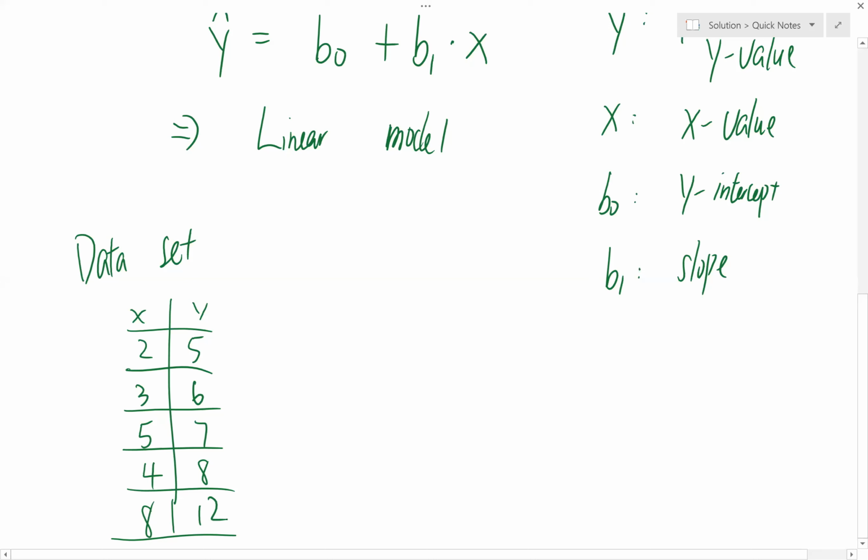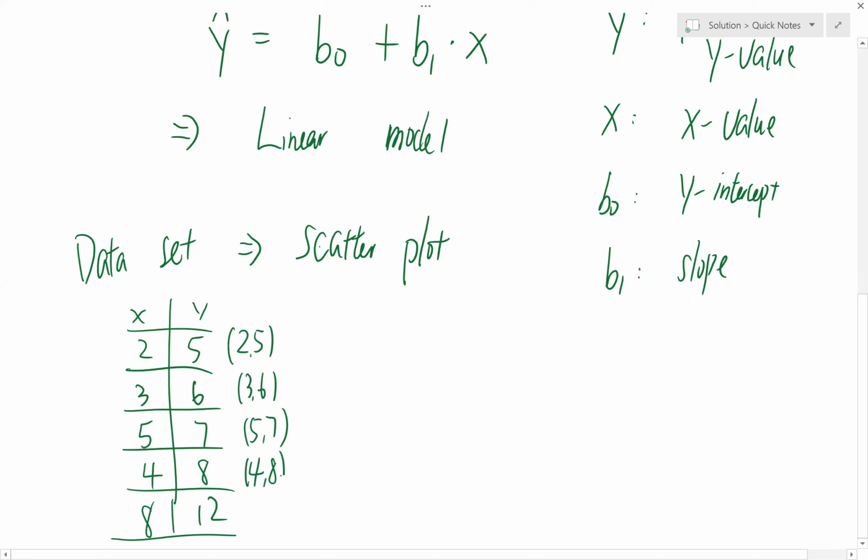In order to understand the relationship between these two variables, we use a visualization tool called a scatter plot. So when we do the analysis, we start with the scatter plot, meaning we just plot all the pairs.